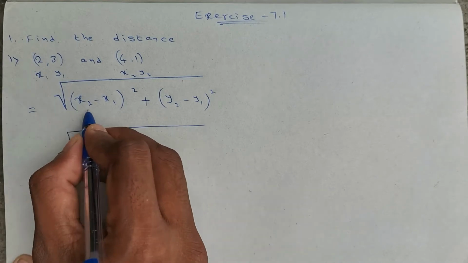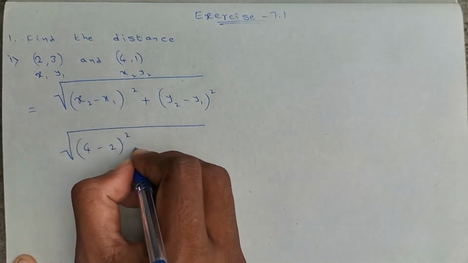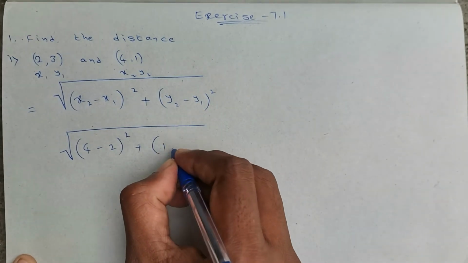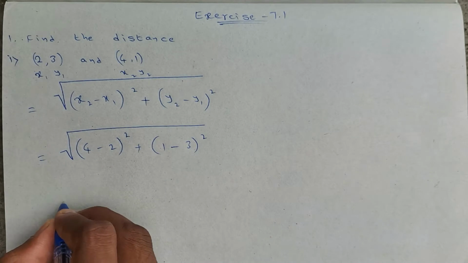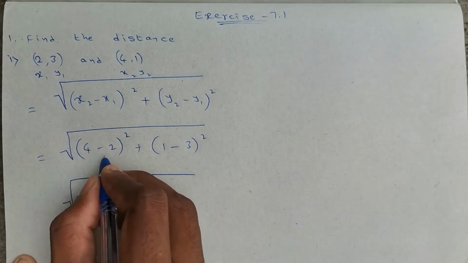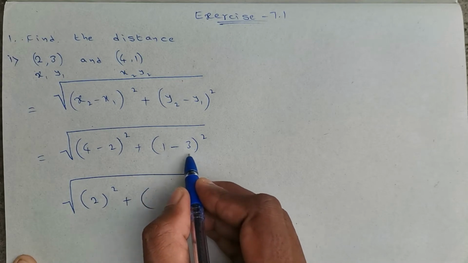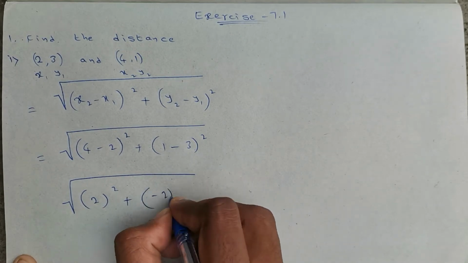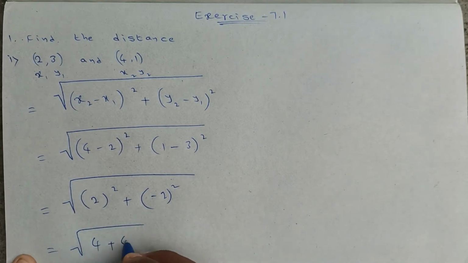Under root, x2 is given as 4 minus x1 is given as 2 whole square plus y2 is given as 1 minus y1 is given as 3 whole square, which is equal to under root (4 minus 2) square plus (1 minus 3) whole square, which is equal to under root 2 square, 4, plus (minus 2) square, 4.